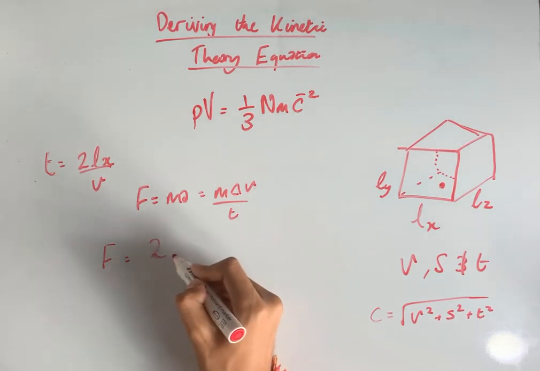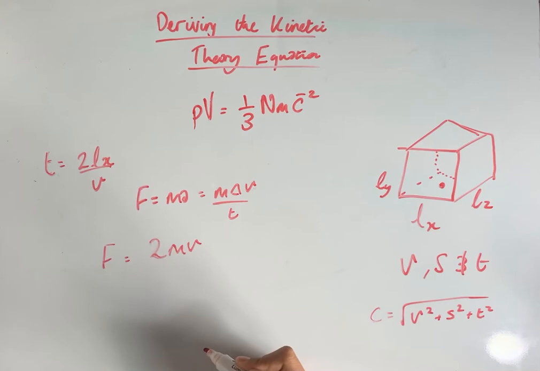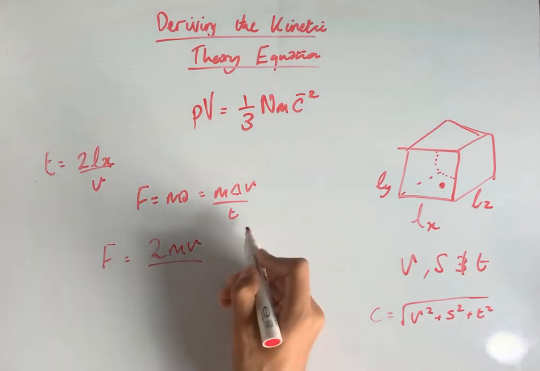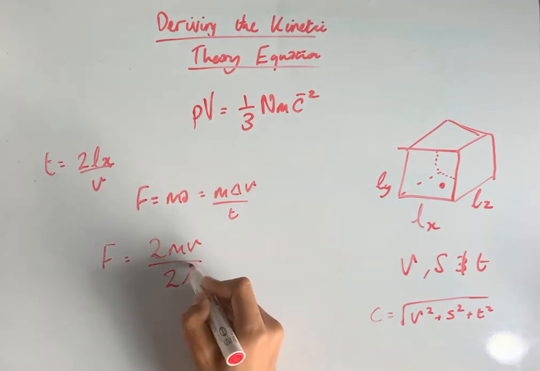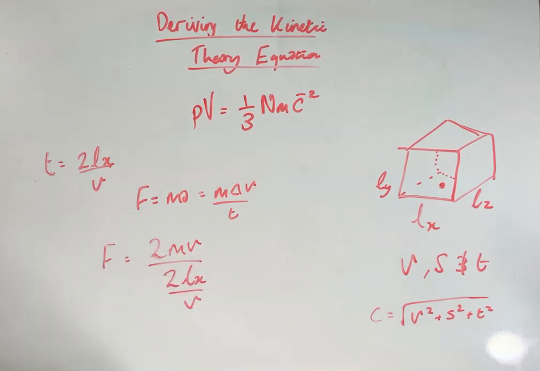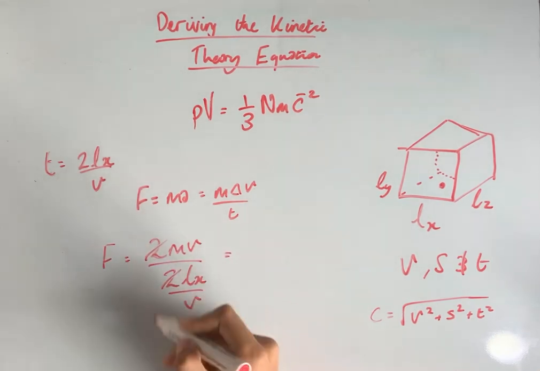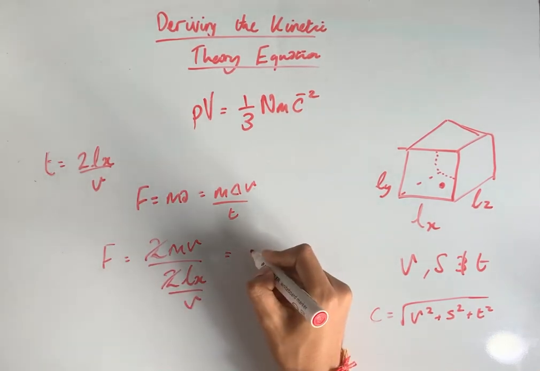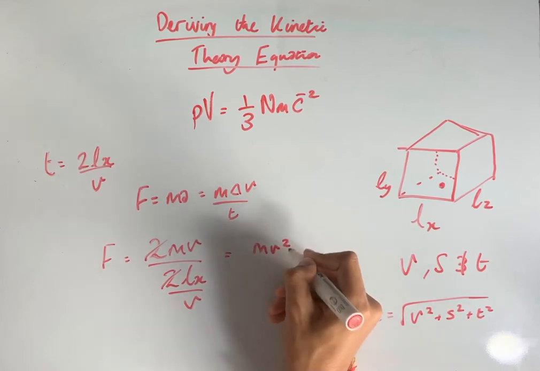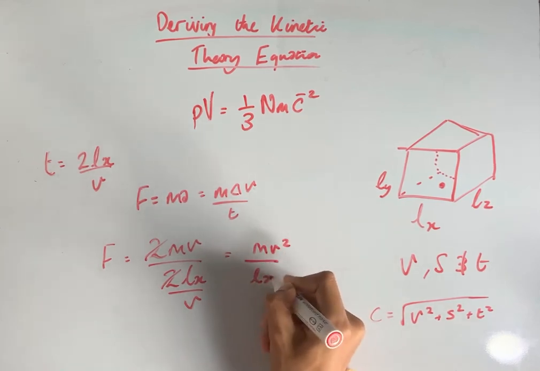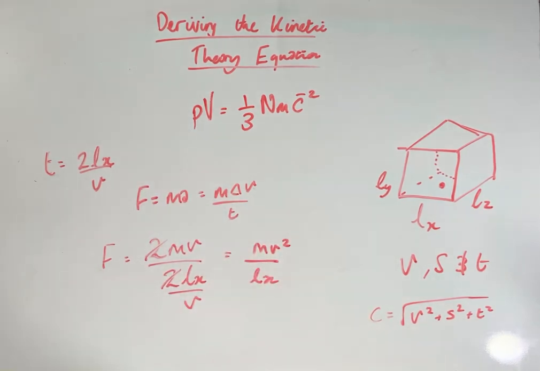So that would be 2mv divided by t, which is given by that. So then we'd write in 2Lx divided by v. Now, this would cancel because this is dividing, but it's also on the bottom. It means we multiply, and we would end up with mv squared divided by Lx. And that would be the force.